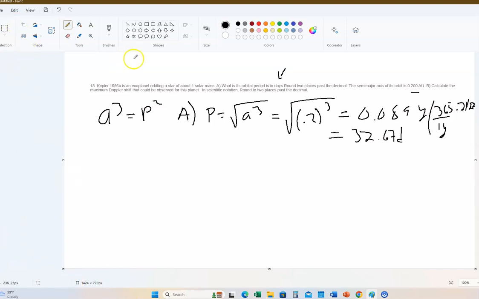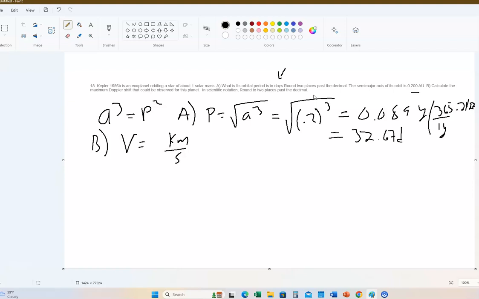Now we really need to keep going, because to figure out the Doppler shift, this is part B I'm working on now. For part B, we need to know the velocity of the exoplanet in kilometers per second. That's how you get the Doppler shift.